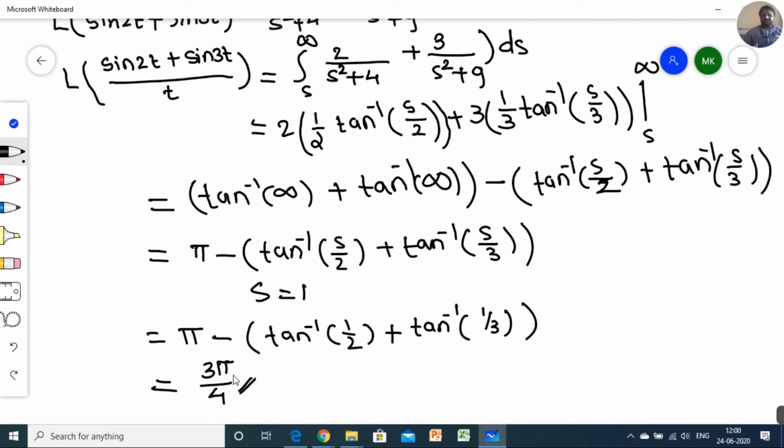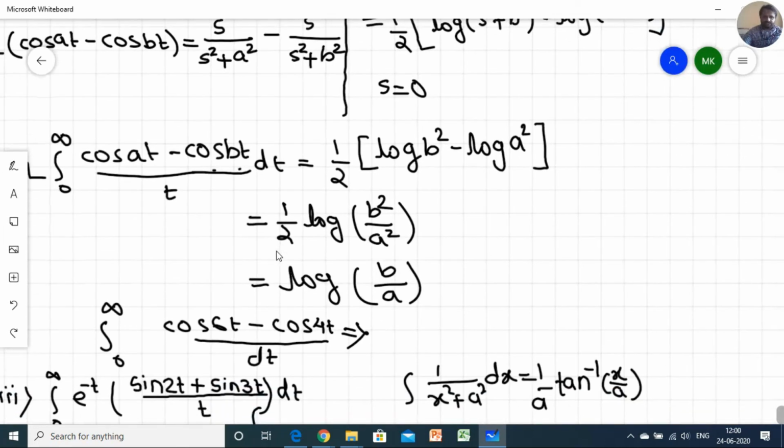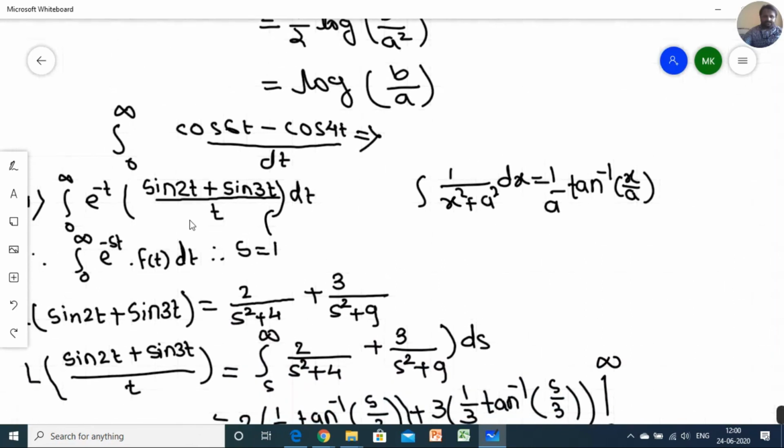So this question belongs to which part? The sine function. But again I am saying you have to understand what I want to show. If you pay attention, here we calculated the Laplace of the sine function directly.